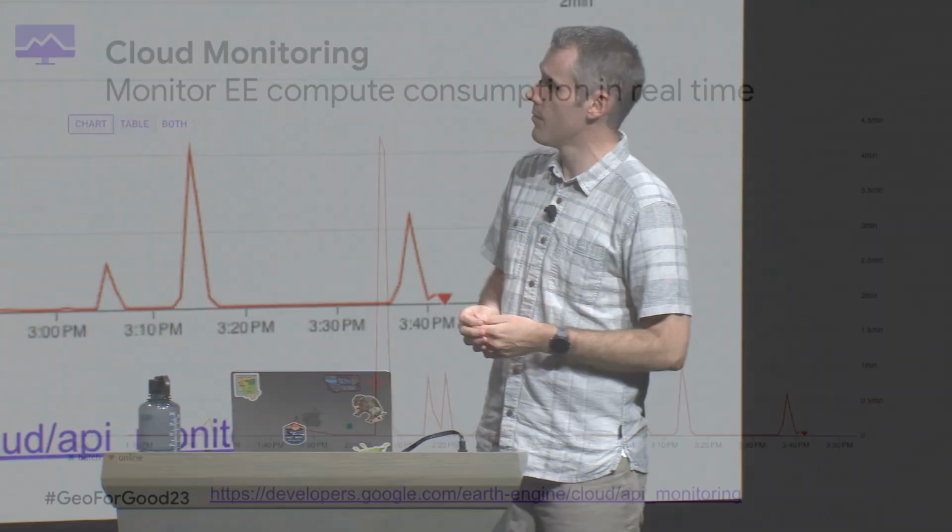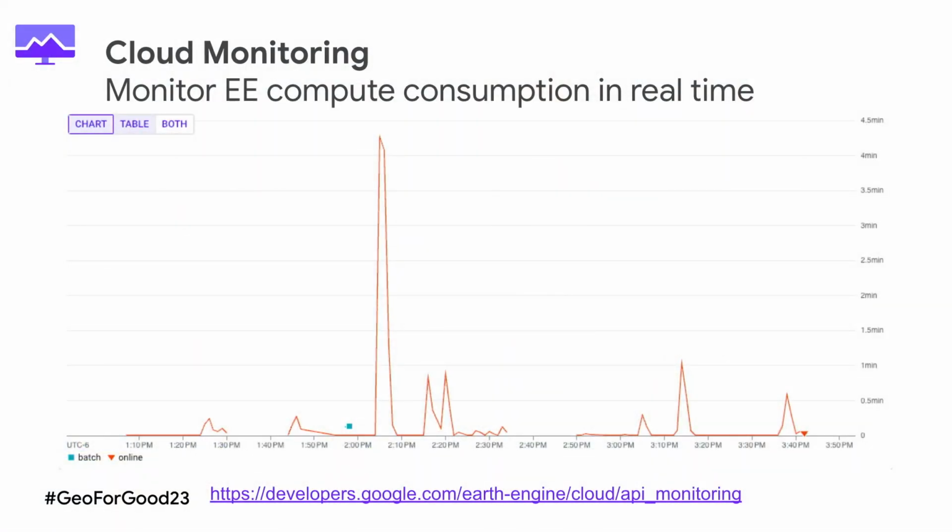or EECUs. Now, EECUs are an abstraction or a measure of the amount of computation that goes into an Earth Engine operation. And so with Cloud Monitoring, you can monitor your EECUs in real time.